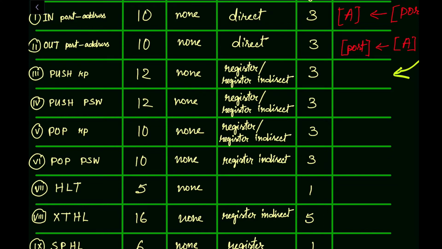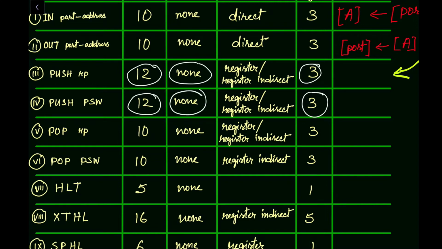The status flags are 8-bit data that will also be pushed into the stack. In this case we have 12 T-states, and 3 machine cycles. In both cases we have register indirect addressing mode. None of the flags are modified after this instruction.